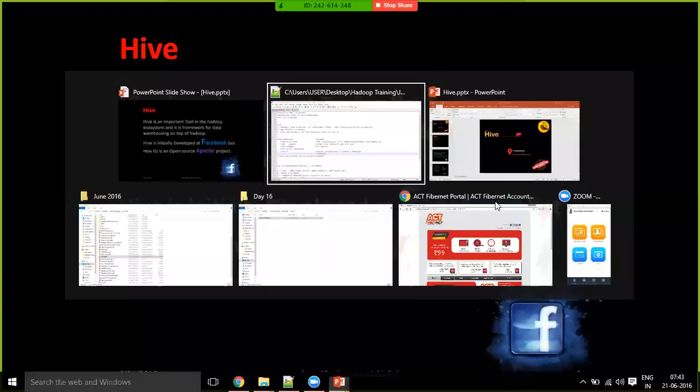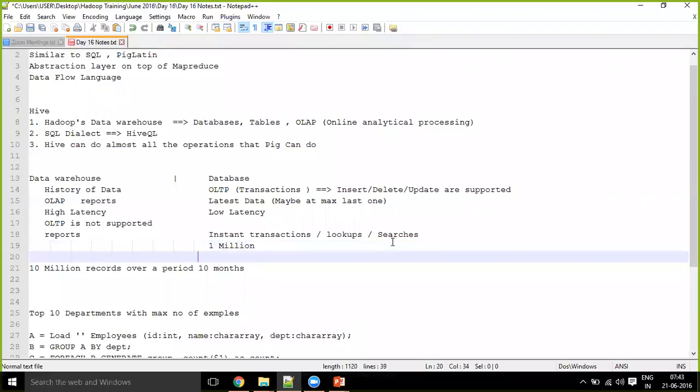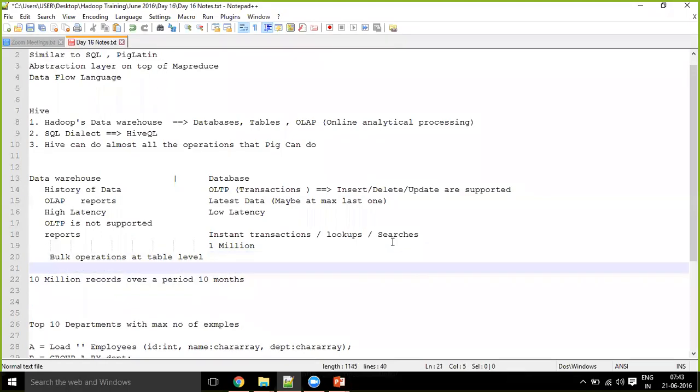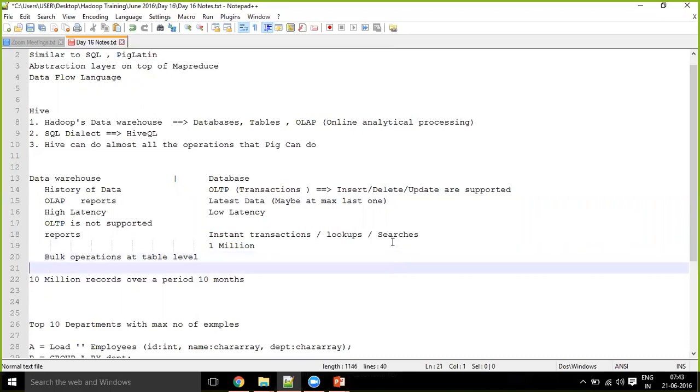Whereas in OLAP, these transactions are not supported. So whatever you do, there will be bulk operations at table level. That means if you want to add 10 records, you can't simply add one after the other into the existing table.